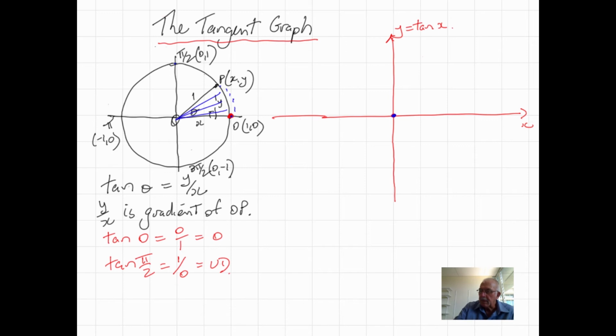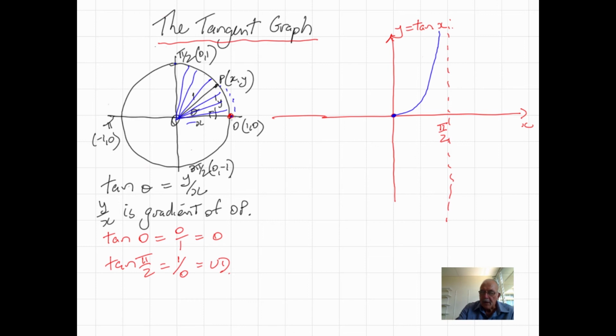So if you like, at pi on 2, I know that the graph is not going to cut when x is equal to pi on 2. So my graph, as I said, is the slope of OP, and you can see that it is getting steeper and steeper. So we can say that it goes a little bit like that.